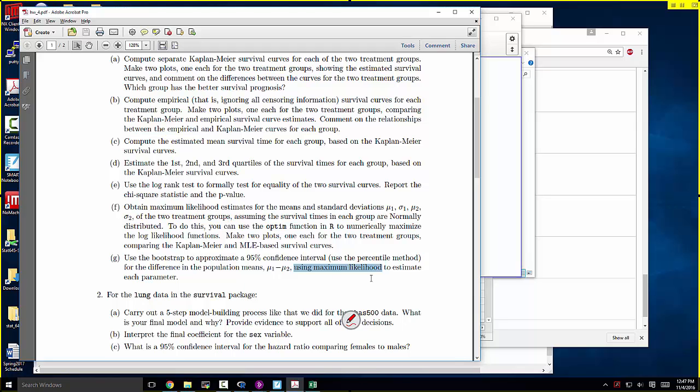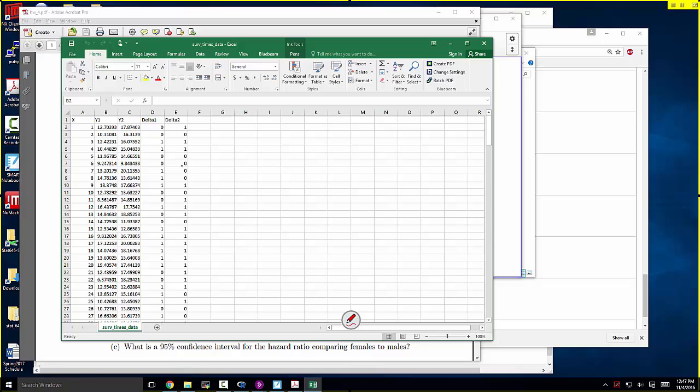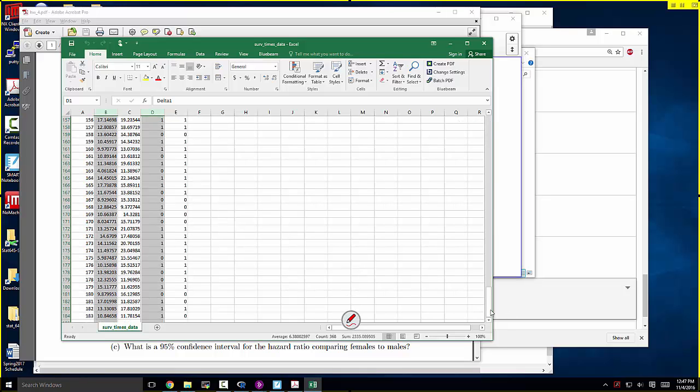To bootstrap with survival data, what you would do is sample with replacement from group 1. That would mean sample from the rows 1 through 183. Sample 183 of the group 1 individuals with replacement.